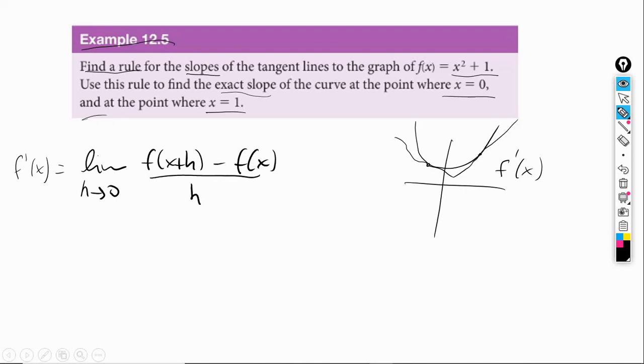Well, it's going to be the limit as h approaches 0 of f of x plus h. So what's f of x plus h? F of x plus h is plugging x plus h into f of x, right? So that's going to be x plus h squared plus 1, minus f of x. So f of x is just x squared plus 1.